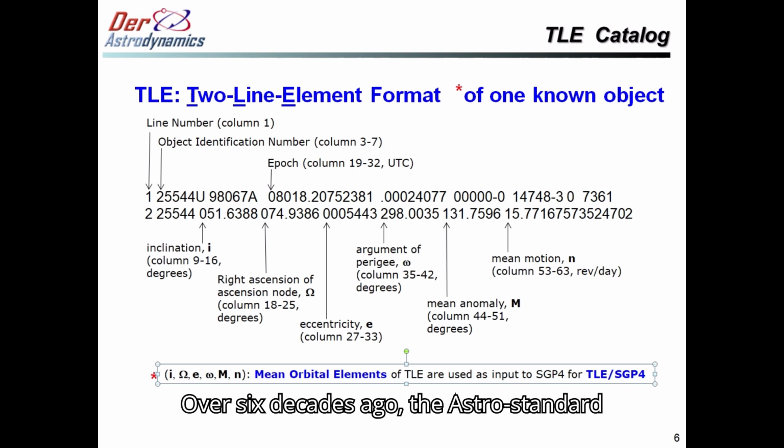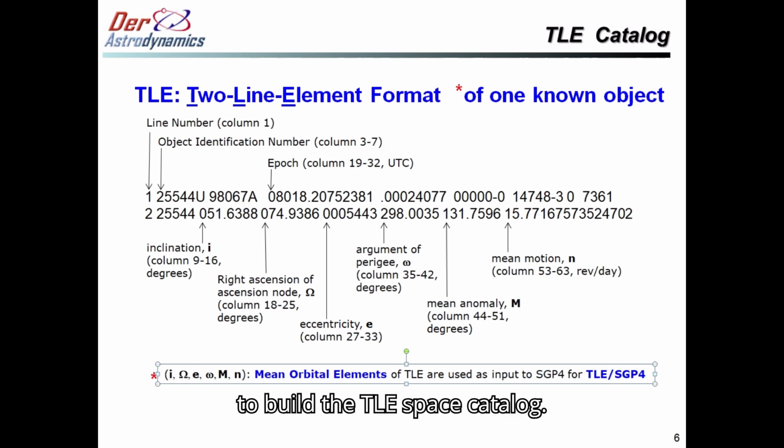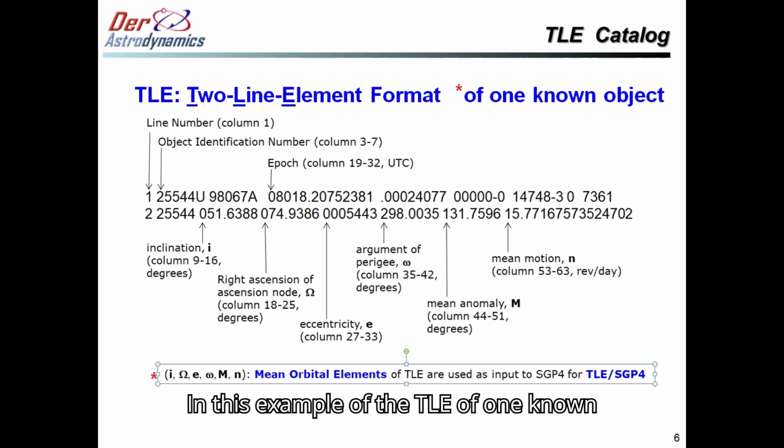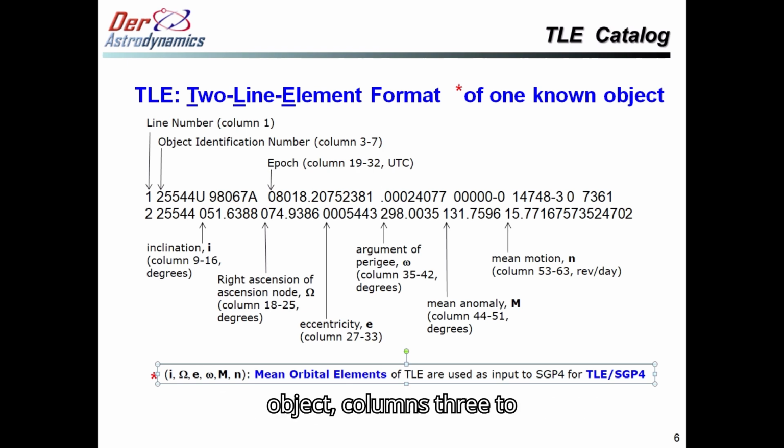Over 6 decades ago, the Astro Standard chose the HGB4 orbit propagator and the two-line element formatted file to build the TLE space catalog. In this example of the TLE of one known object, columns 3 to 7 contain the 5-digit object identification number, satellite ID or SID in short.